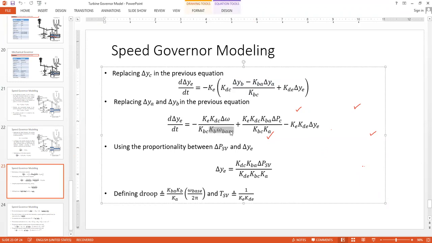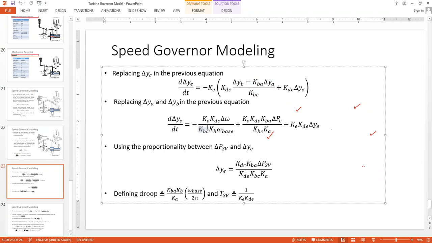So this is your del yb replacement, and kdc by kbc ke, sorry, kbc kdc by kbc, and a minus sign is there. Then this minus and this minus becomes plus, and you take the remaining thing. Pretty straightforward, just simplification, nothing else.